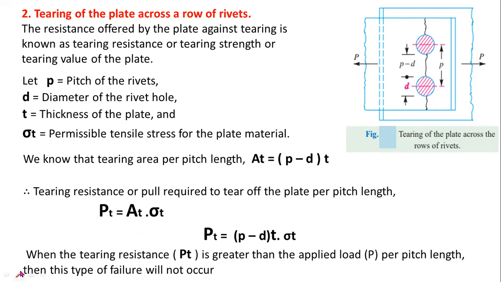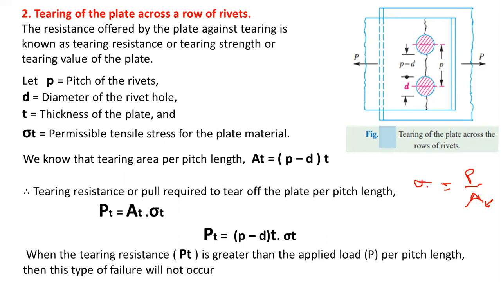Already we know the formula for stress. Stress equals load by area, load by cross-section area. So here you can observe, A is the tearing area and P is the tearing strength, or pull required to tear off.